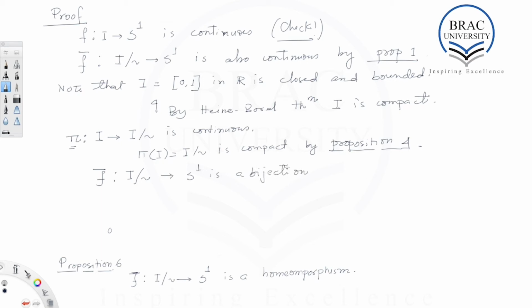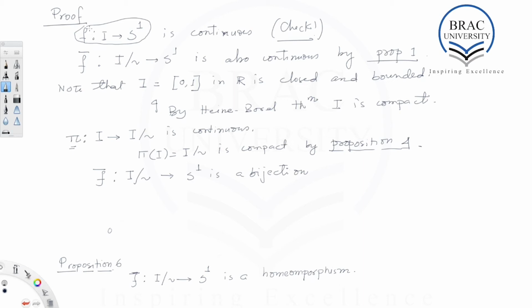There was only one trouble with this function, that it was not injective, because by the definition of the function, at the two endpoints the function assumes the same value. So it's not injective, but we identified those two points. So the resulting function f bar is a bijection by construction.